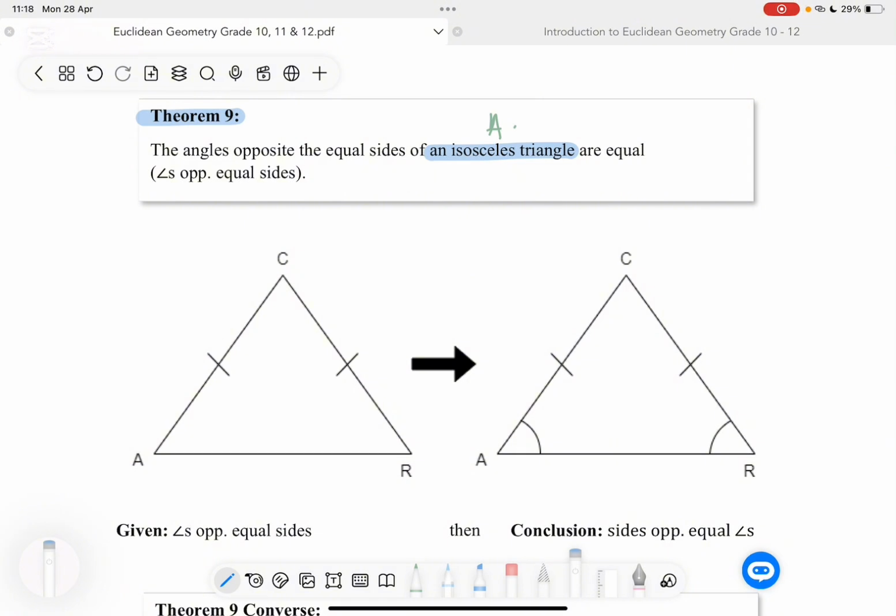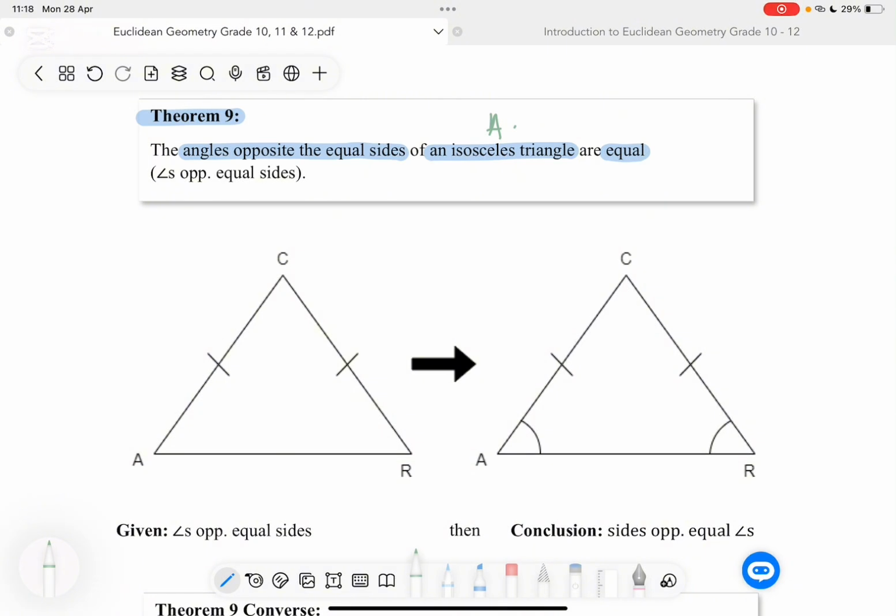Now, if this is the case, we then conclude that the angles opposite those equal sides, because an isosceles triangle has equal sides, are actually equal. The angles opposite equal sides of an isosceles triangle are equal.